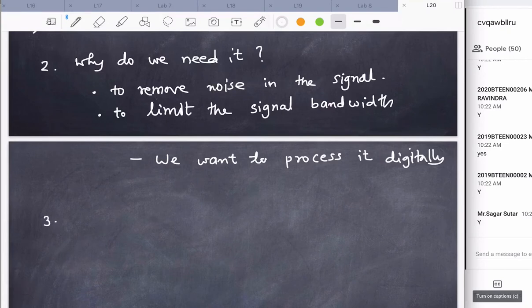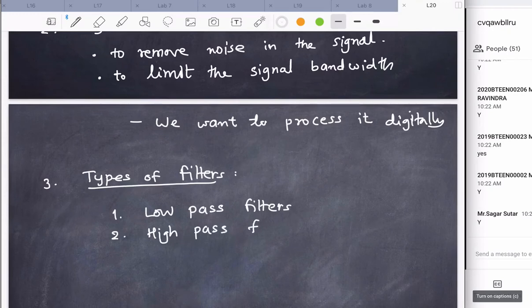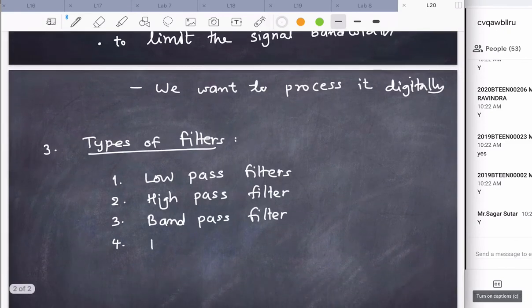So, there are various types of filters. Number 1 is low pass filter. You might have studied that earlier, but I will just quickly go through that. Low pass filter, high pass filter, then band pass filter, and band reject filter.